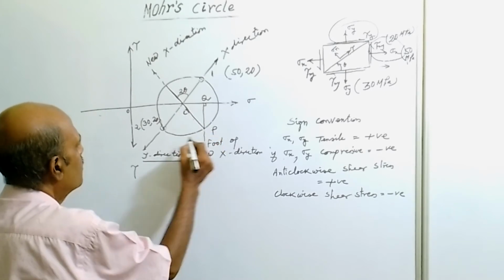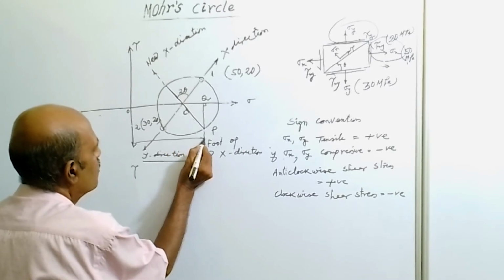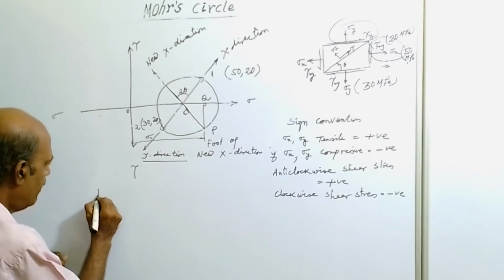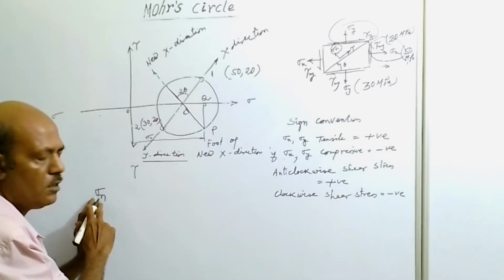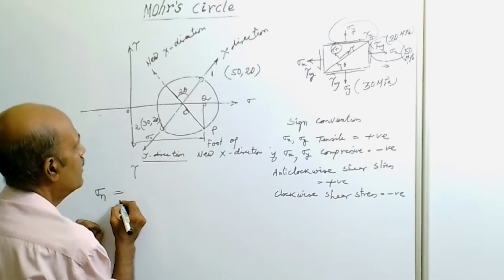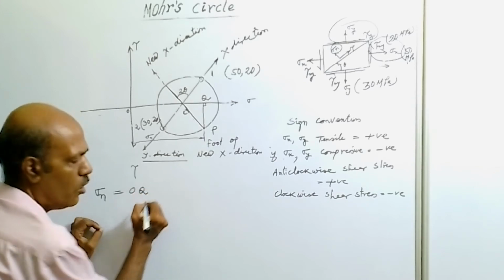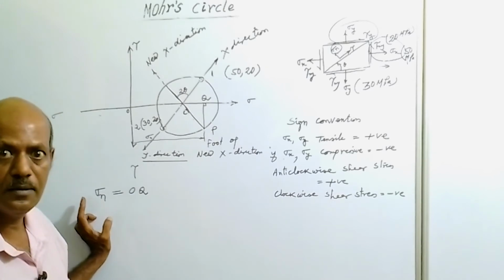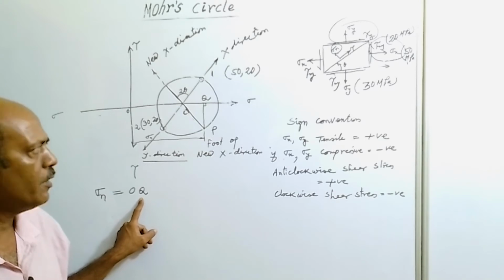This distance is your sigma n, the normal stress on the inclined plane.